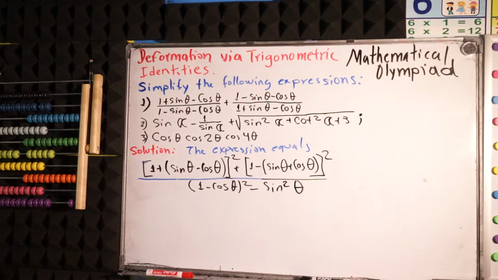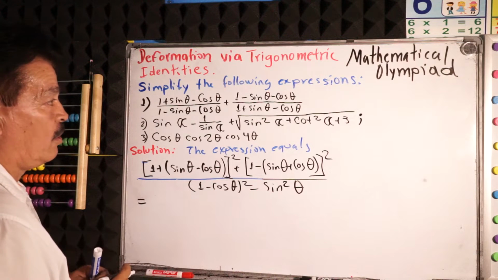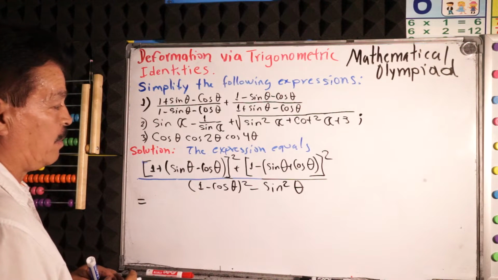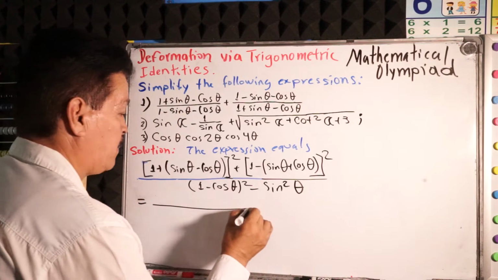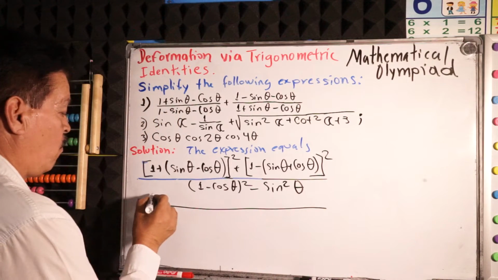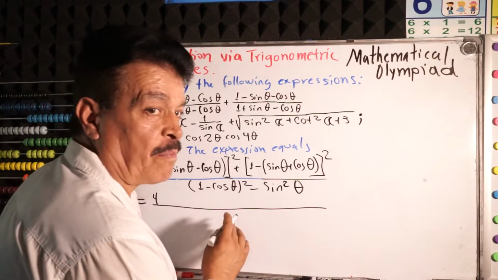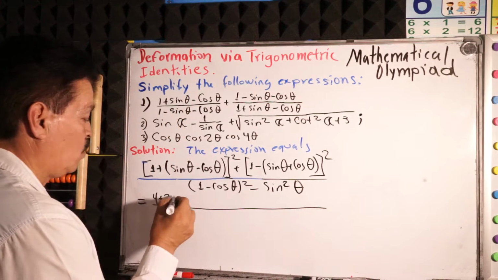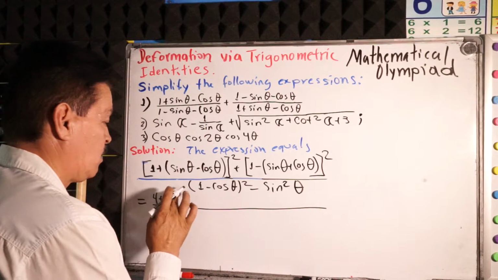Let's see. One more step. Now this will be equals. We have to remember to simplify the expression. How do we simplify the expression? So now let's write here 4. 4 plus 2, and then open a bracket.